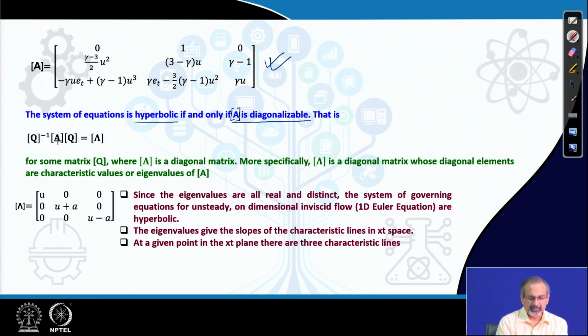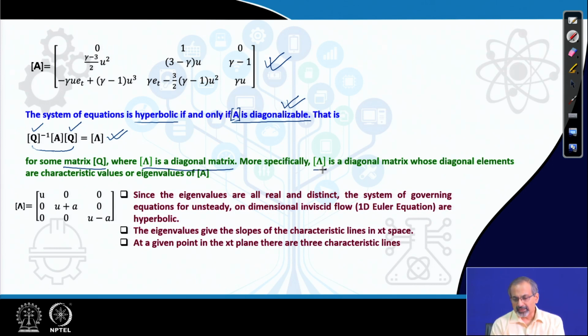What we mean is that we should be able to identify some matrix Q, the inverse of which also exists, and then if you write down a product of the inverse of Q times A times Q, you will end up with a capital lambda matrix, which is a diagonal matrix. This is what is meant by saying that the matrix A is diagonalizable.